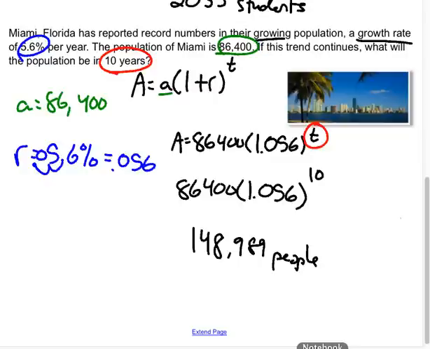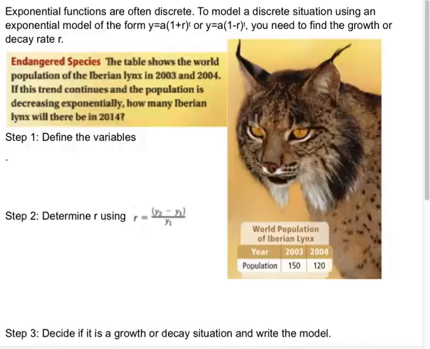All right, so that's how you deal with all these situations. If you're given the percent increase or decrease, you have the initial value, that's what you do to continue moving forward. Now, oftentimes though, they're going to be discrete. They won't change, or you'll only find values once a year or something like that. So let's take into account here. Endangered species.